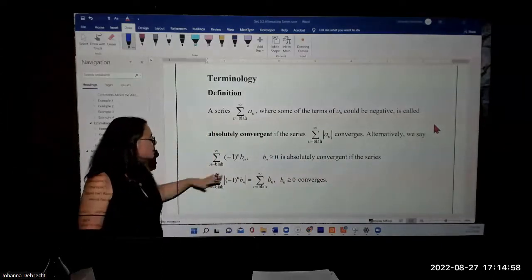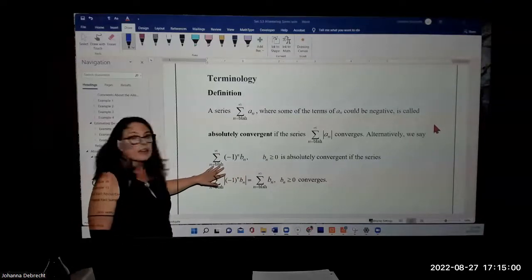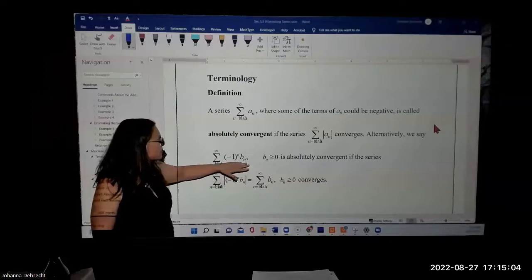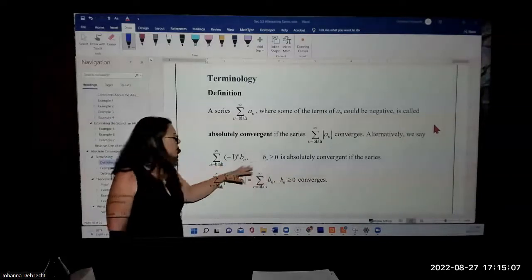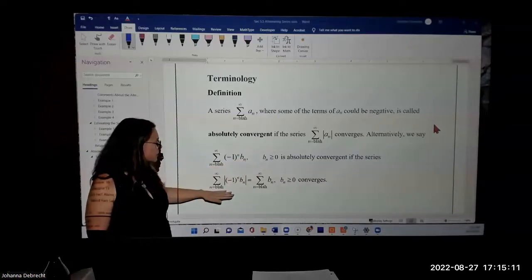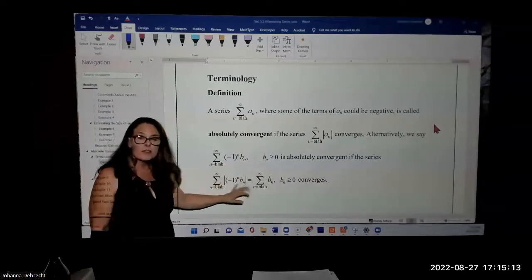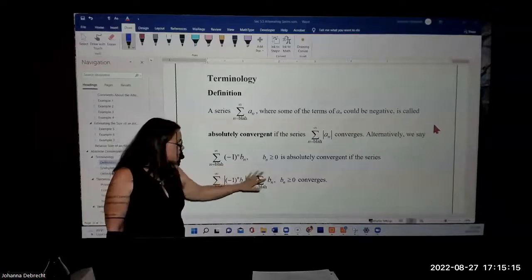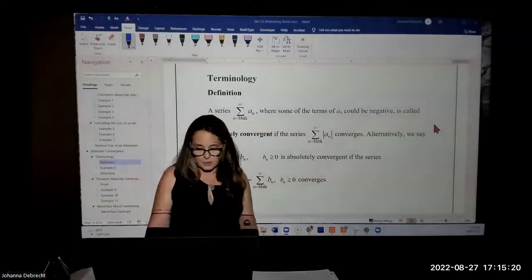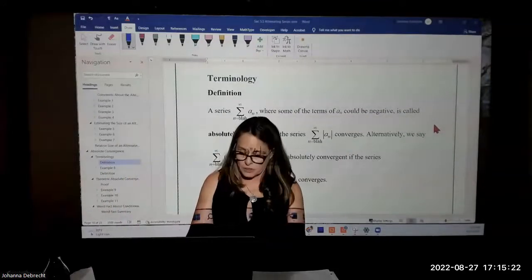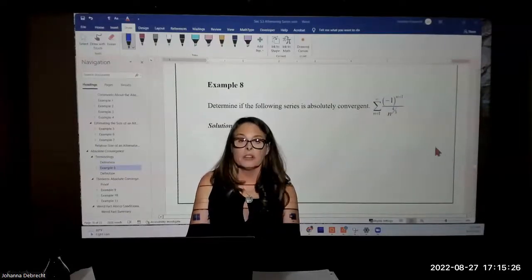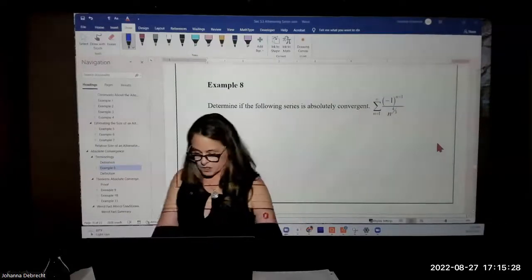Now, we can also write it in this way with an alternating series. It doesn't have to be alternating, but again, the b sub n's are considered to be strictly non-negative, and we say it's absolutely convergent if the absolute value of this alternating series, which is the series of just b sub n, converges. So we would call that absolutely convergent. And we'll see that absolute convergence is a stronger condition than conditional convergence.